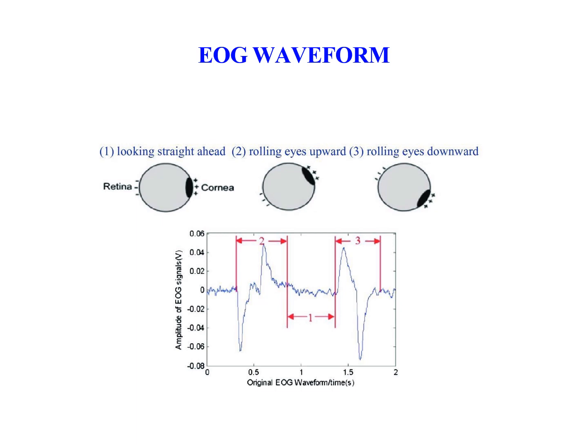The x-axis is time in milliseconds and the y-axis is the EOG signal amplitude. When looking straight ahead, the amplitude and frequency levels are very low compared to the second and third diagrams. When rolling the eyes upward and downward, the amplitude level changes up and down. The amplitude and frequency levels change on the EOG waveform.